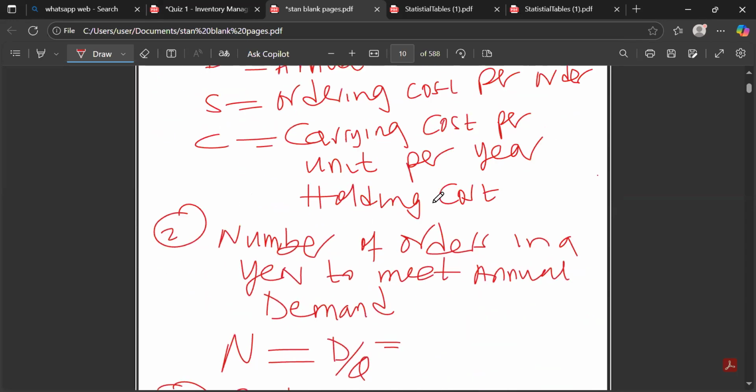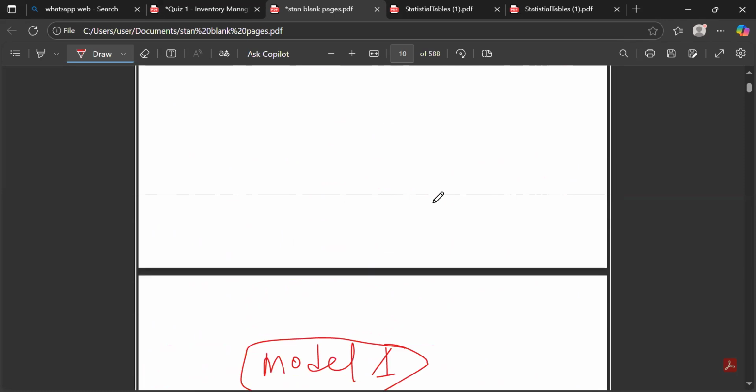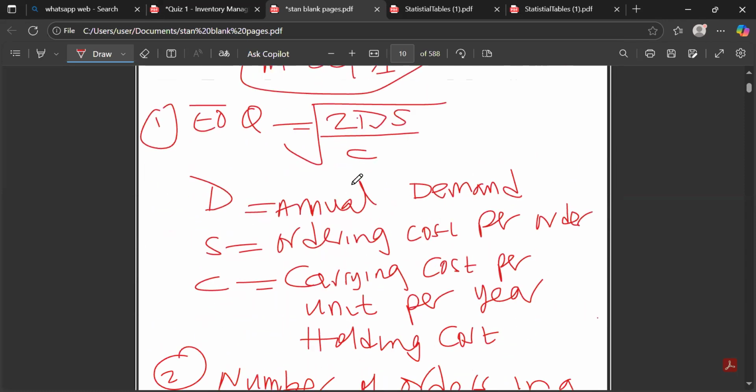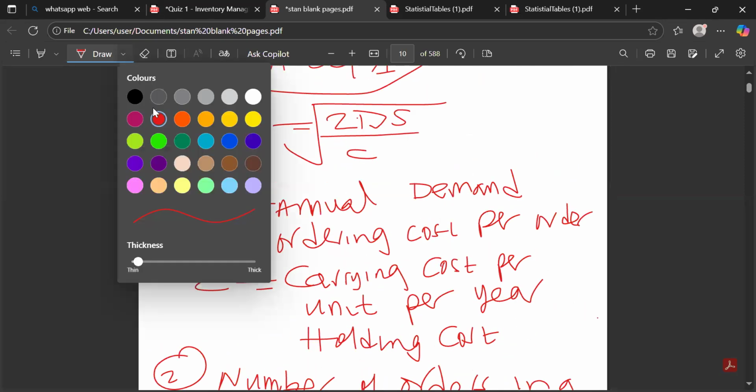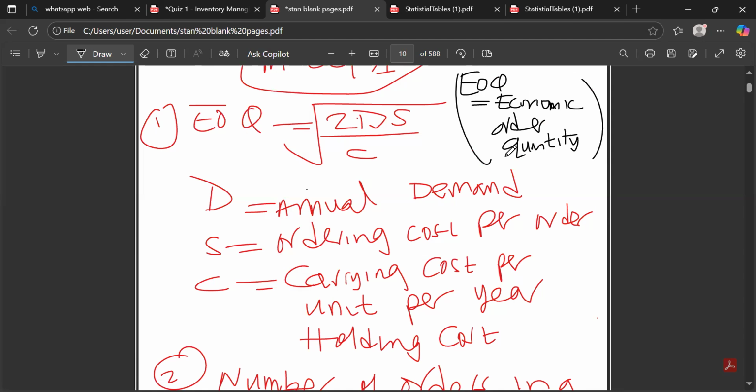For the sake of those who have just joined, you can capture the formulas. EOQ means the economic order quantity, which is how many units of commodities the firm should order at a time.